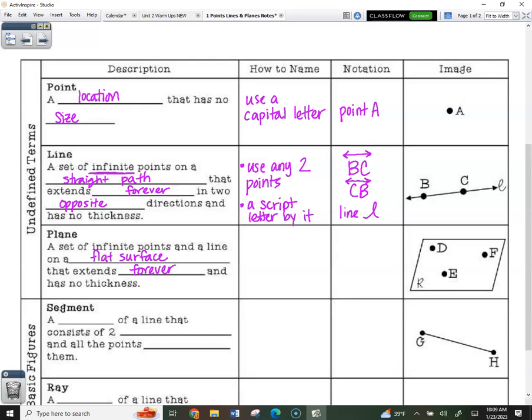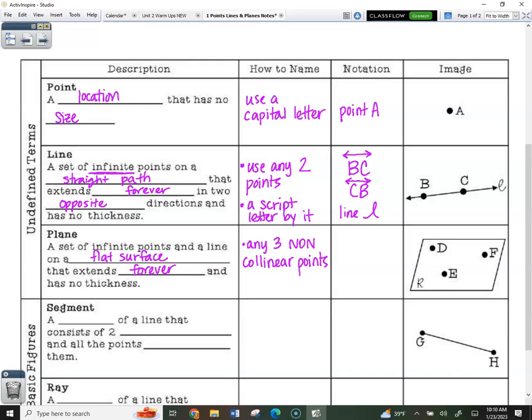I'll explain what collinear means. The word collinear, use the word to help you understand the definition. Think of coexist and the word line. Collinear means points that fall in the same line.